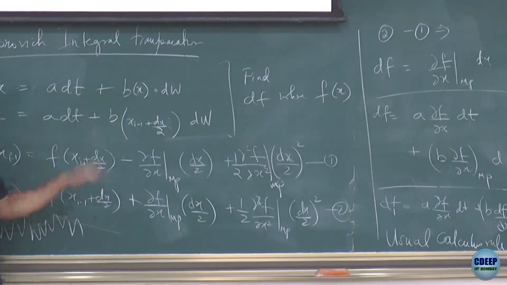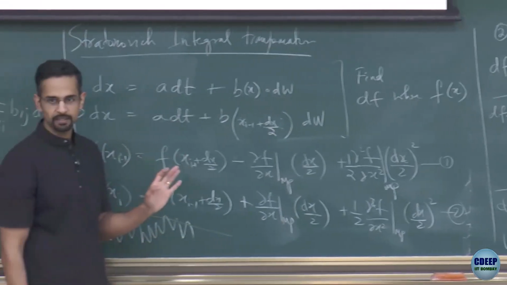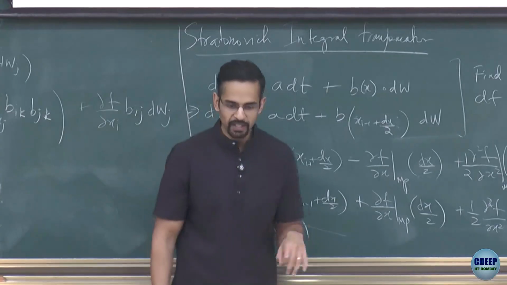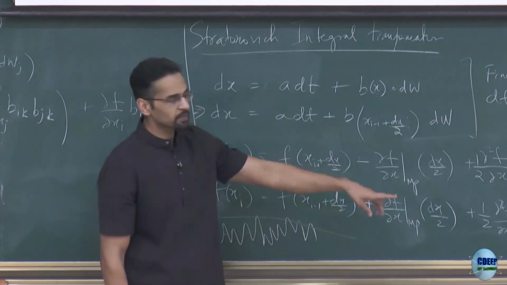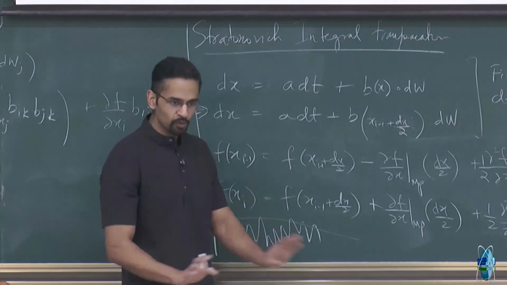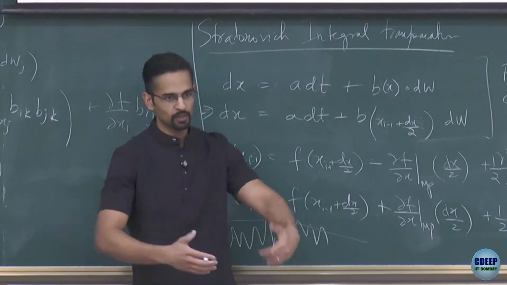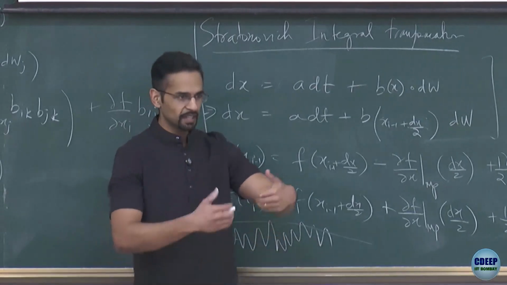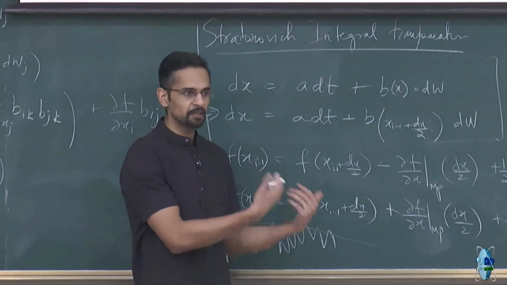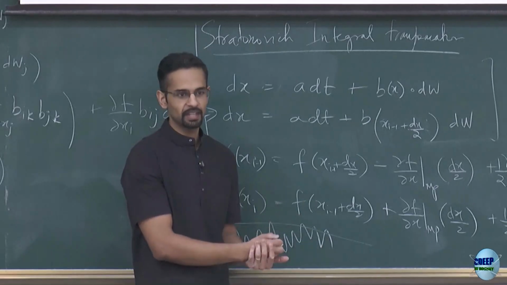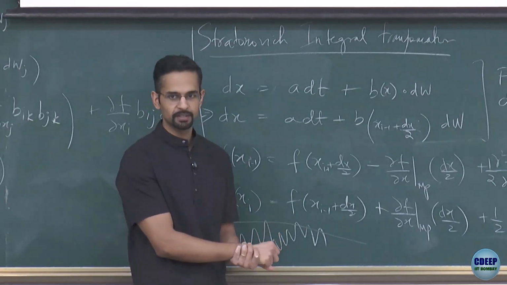And if I can do that, then I can use Ito's rule, I can use Ito's mnemonics, I can do simulations, etc. So what we are left to do now in our program is to find a way to transform from Stratonovich to Ito. If we do that, then we are fine because we can begin modeling with Stratonovich, because it satisfies the same rules of calculus. And then I can transform Stratonovich to Ito because with Ito I can develop numerical schemes, I can prove analytical results, I can ultimately derive the corresponding Fokker-Planck equation only for Ito.